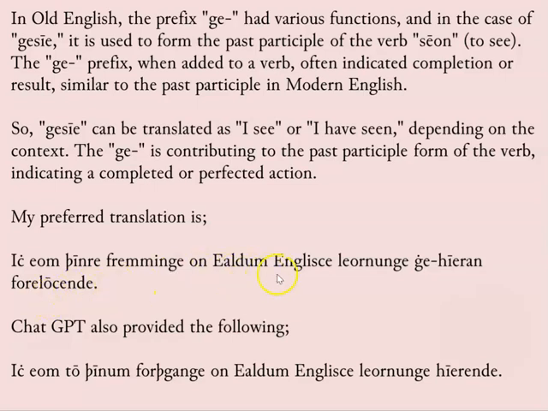Okay, now ChatGPT also provided the following, which I thought was interesting, so I've included it. Ich tol thinam gange on eldum Englische lernunge hier rende. Okay, I am towards your progress in Old English learning, listening as in present participle.